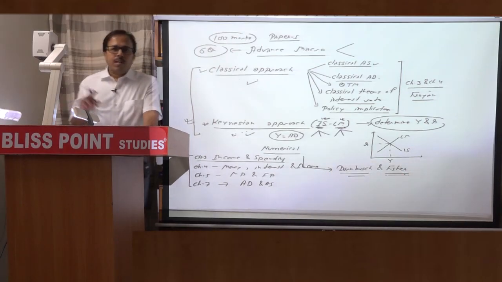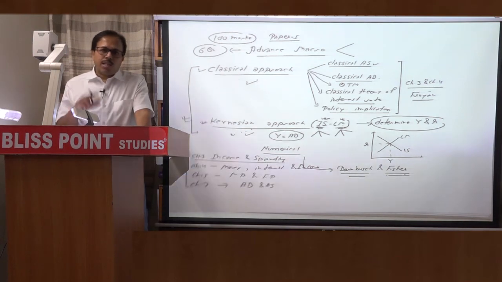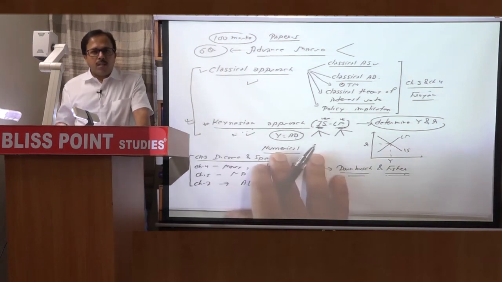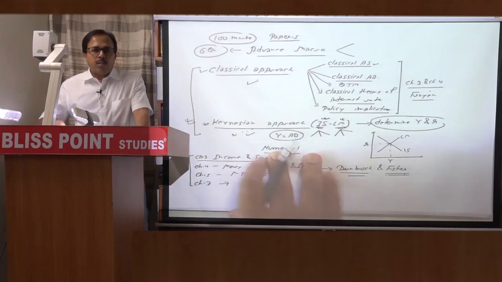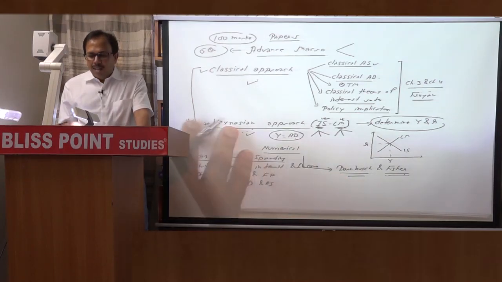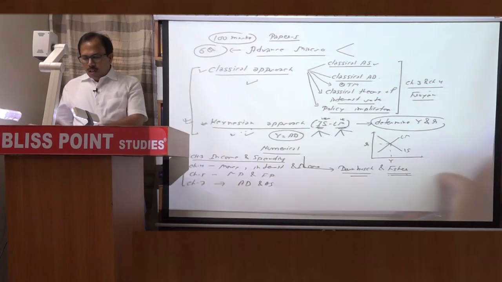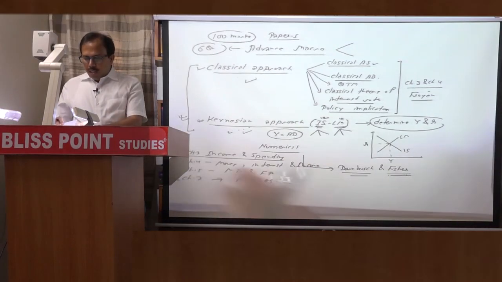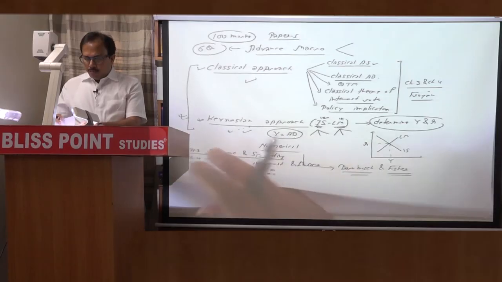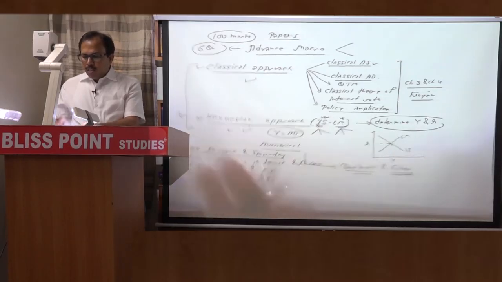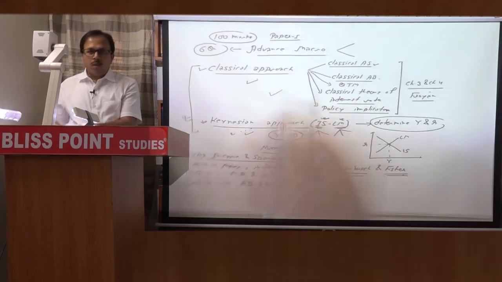The difference between aggregate supply, so there is a classical aggregate supply and classical aggregate demand. Even the role of money as explained by classical and as explained by Keynesian. So the classical and Keynesian difference is key to understanding the basics of macroeconomics.